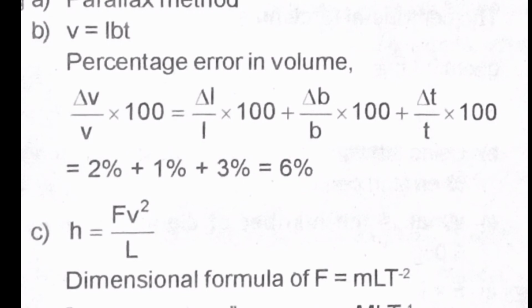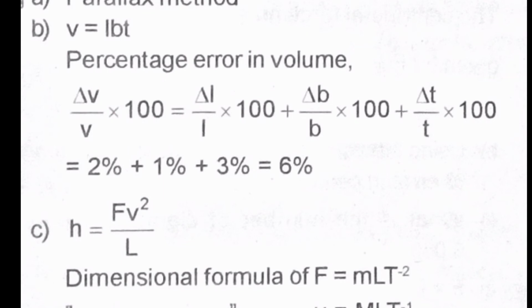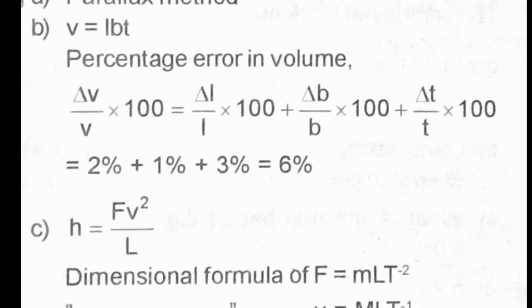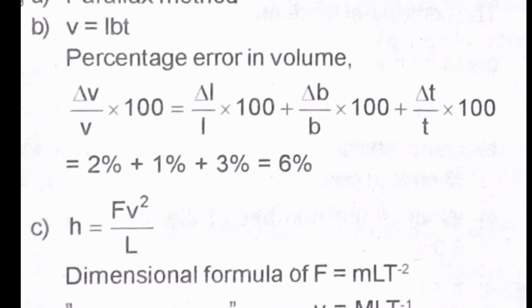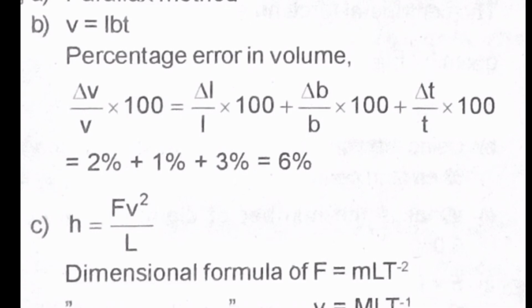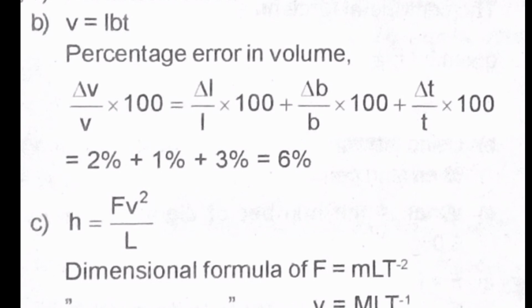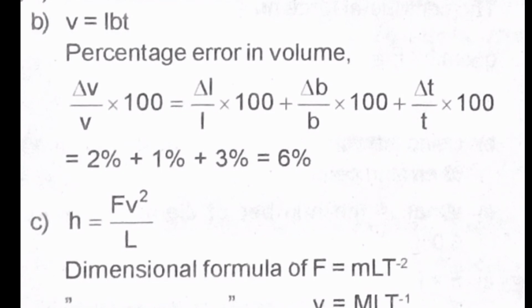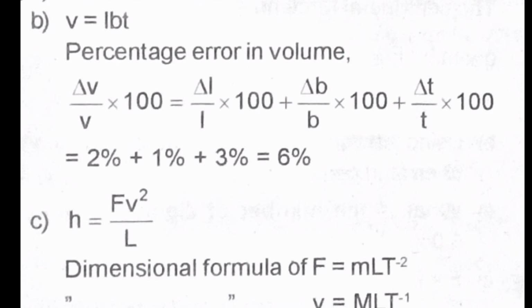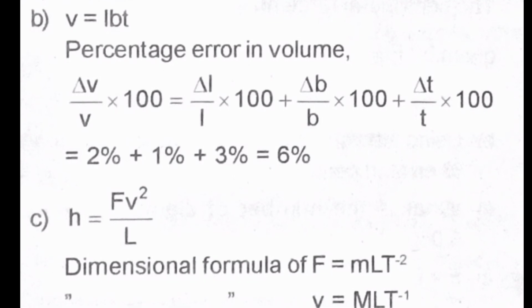So what will be the percentage error in volume? That will be delta V by V into 100. So how can we find it? This is a product, right? So we have to add the relative errors. So that will be delta L by L into 100 plus delta B by B into 100 plus delta T by T into 100. Now we can substitute the percentage errors. The percentage error in length is 2%.